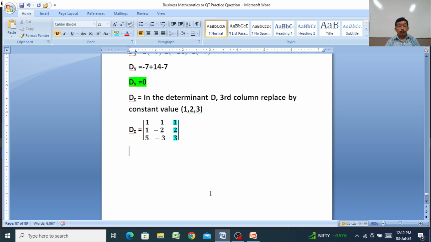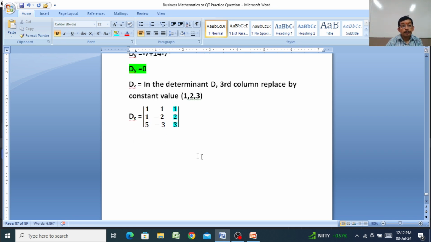Now simplify. dz is the 3 by 3 determinant, and its solution is obtained by expanding according to the first row. Now expand according to the first row in the next step.